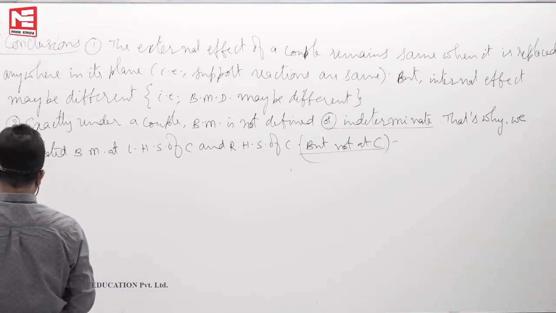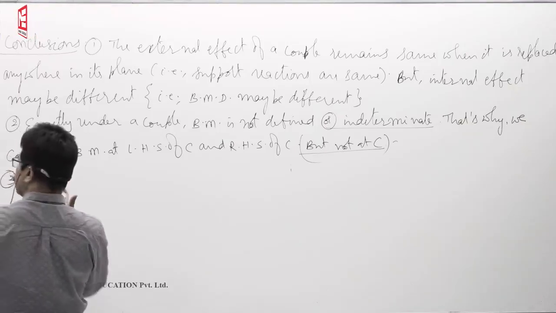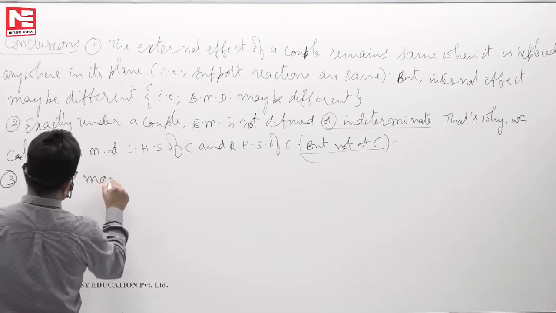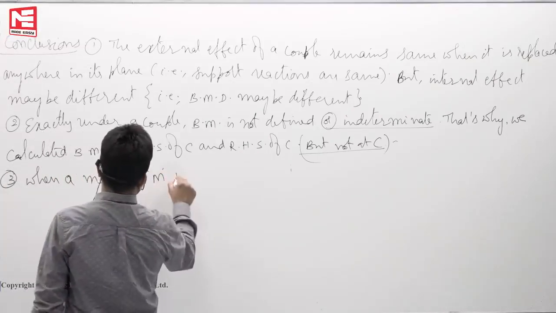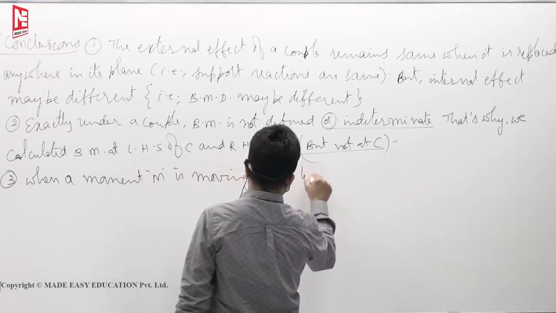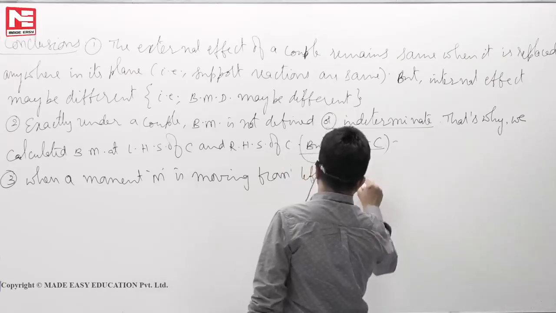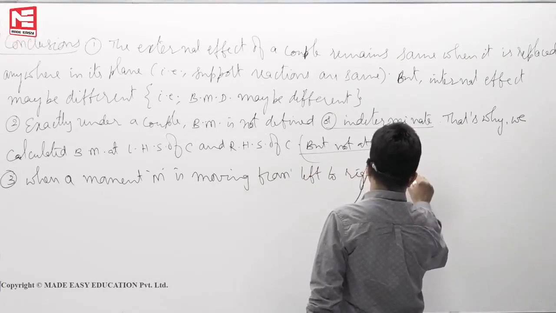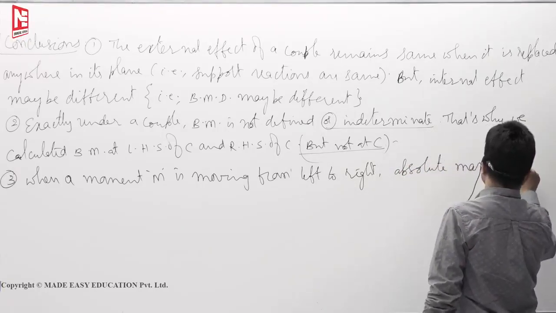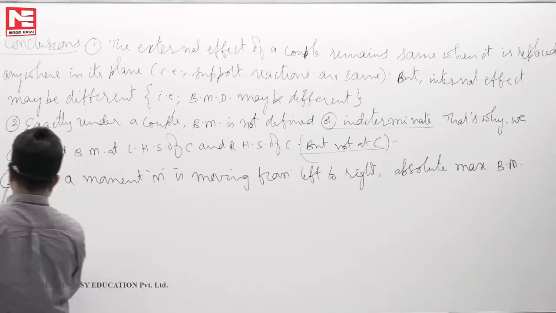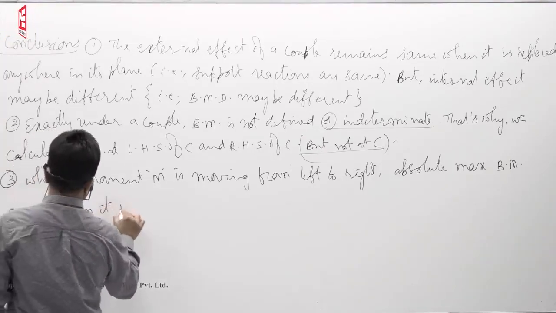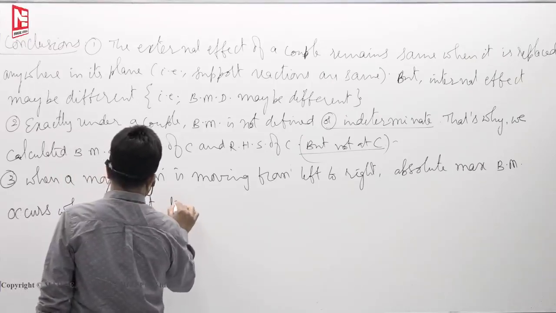Next, third point. When a moment capital M is moving from left to right, absolute maximum bending moment occurs when it is at this support.